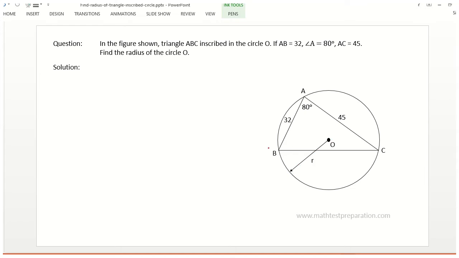Now, let us solve this problem. We are going to use a formula. Because the triangle ABC is inscribed on the circle, so 3 points A, B, C are on the circle.